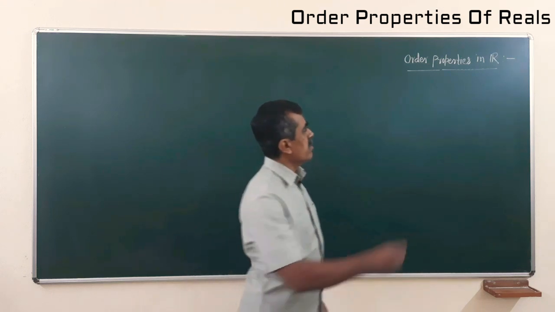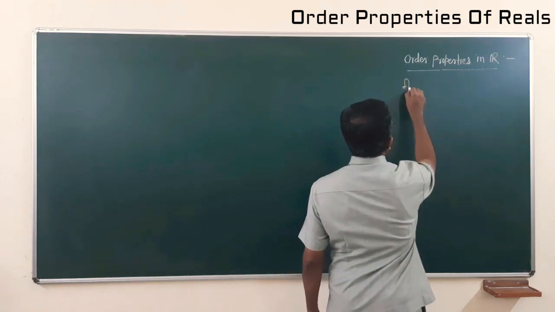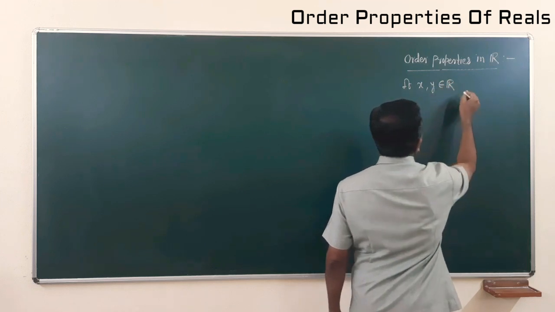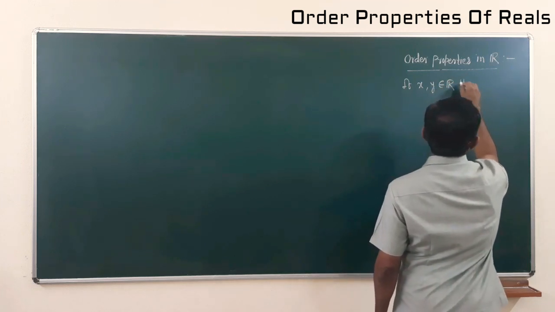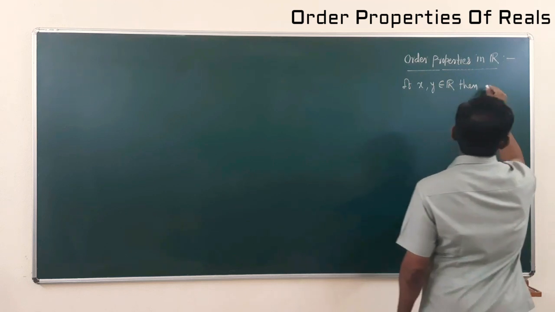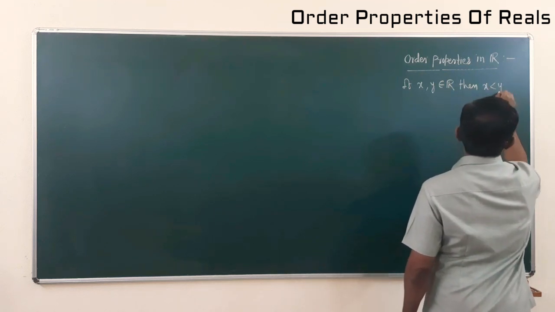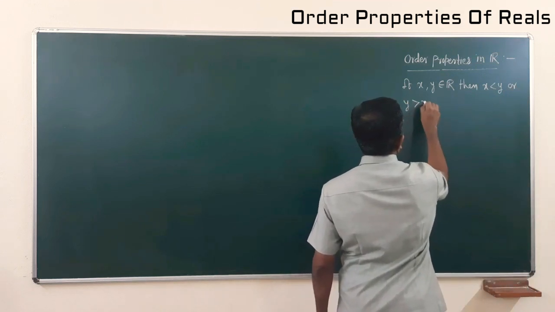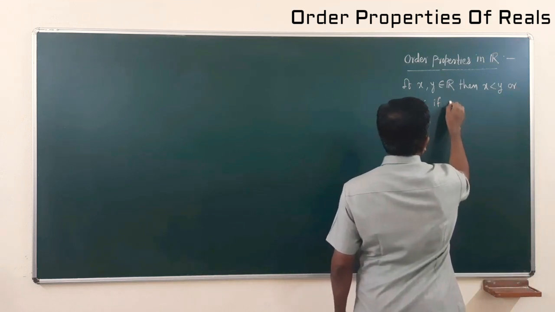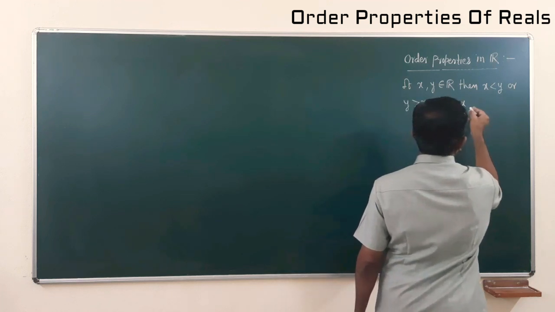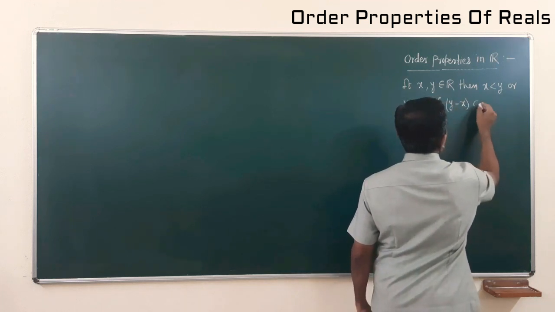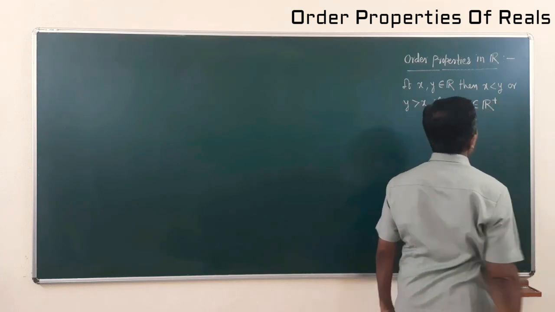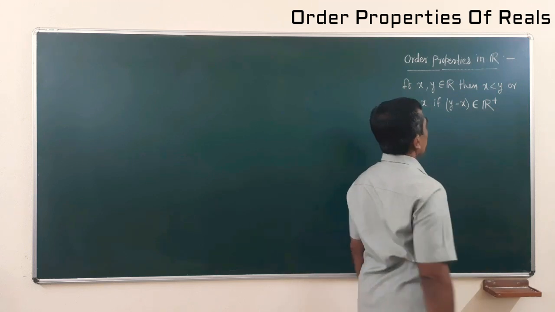Once again I will revise it. So if x, y are any two real numbers, then x is less than y, or y greater than x, if y minus x belongs to R plus, it is a member of R plus, means y minus x greater than 0.